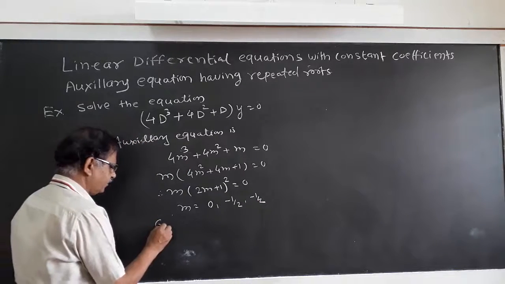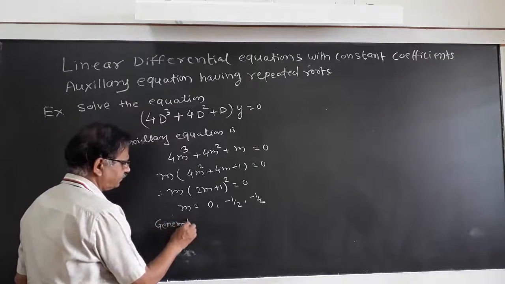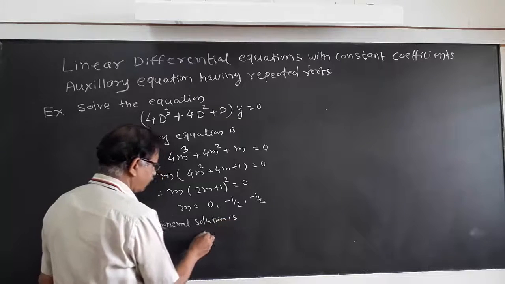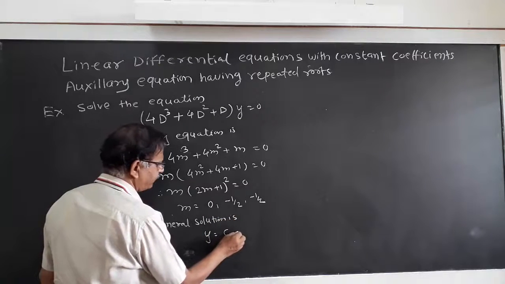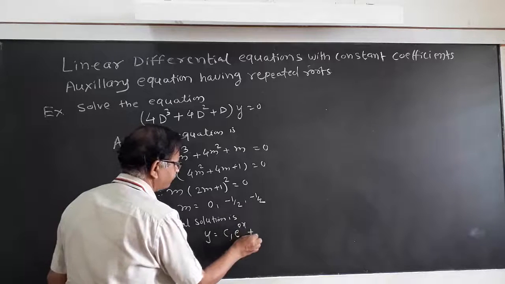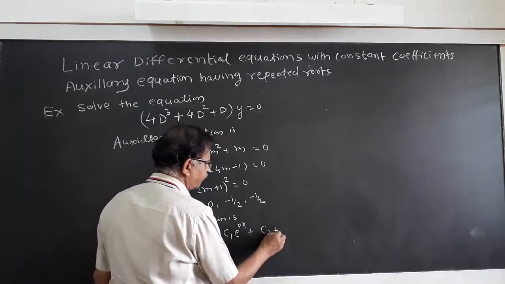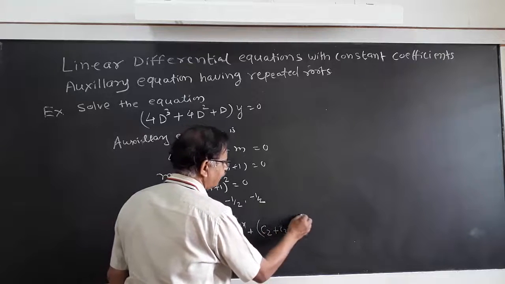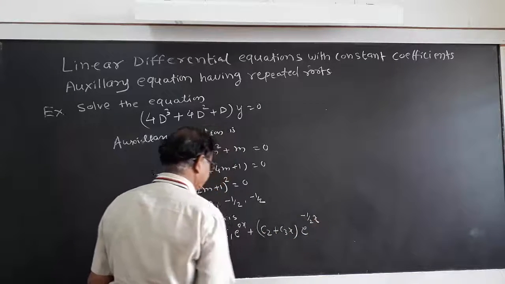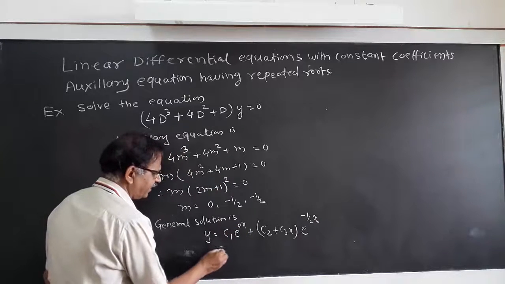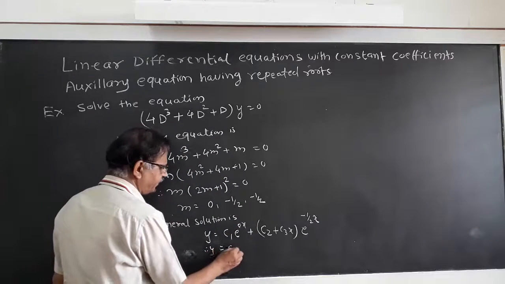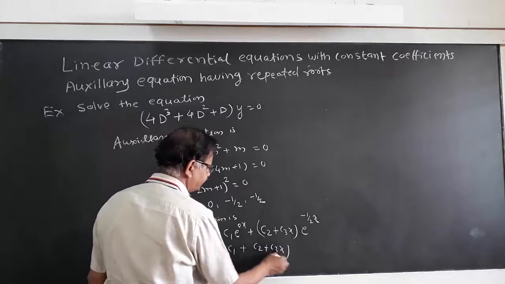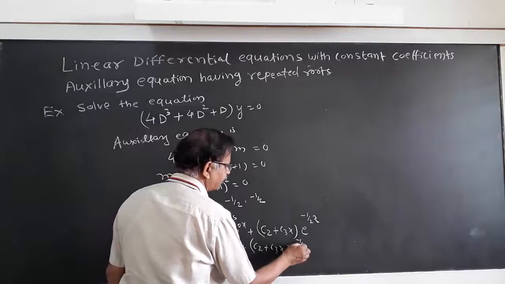Therefore, the general solution is y equal to c1 e raised to 0x plus (c2 plus c3x) e raised to minus 1 by 2 x. But e raised to 0x is 1, therefore y equal to c1 plus (c2 plus c3x) e raised to minus 1 by 2 x.